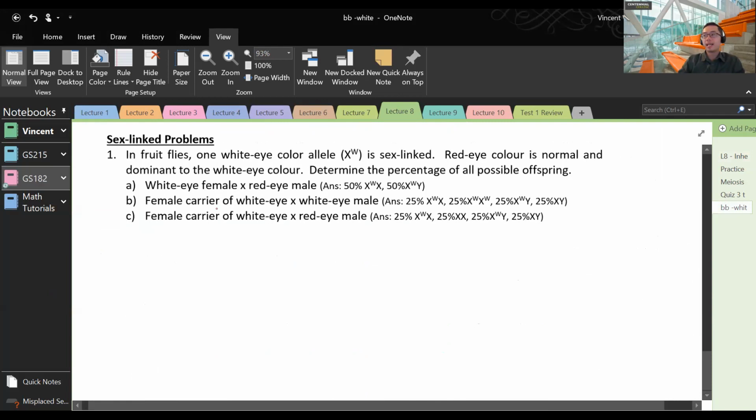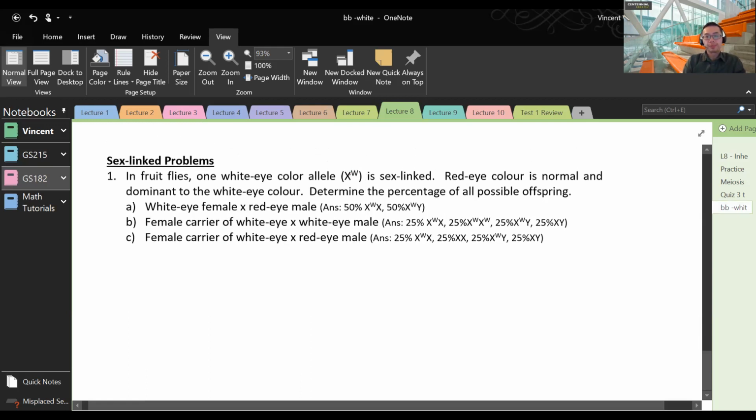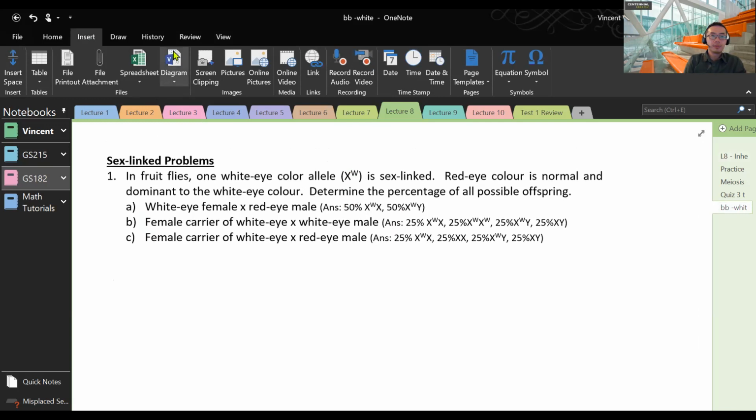If something is Y-linked, then only males can get it. Here in fruit flies, one white eye color allele is sex-linked. X^w is the white eye allele, and the normal is red eye, which is dominant over the white eye. Let's take a look at what this means. Let's see, female. Okay, female.